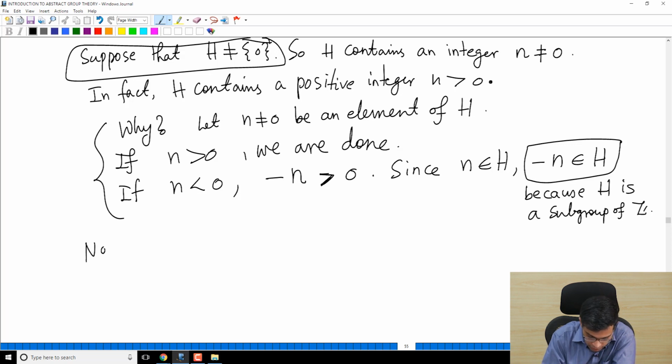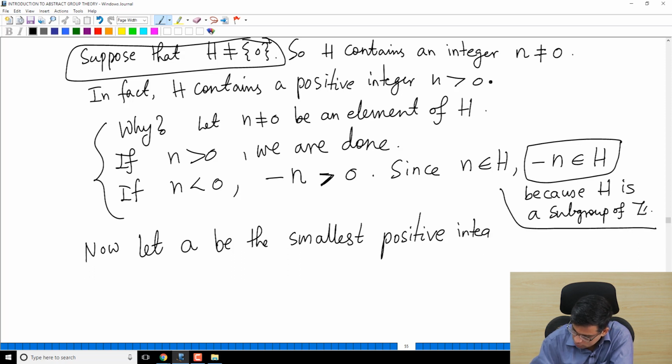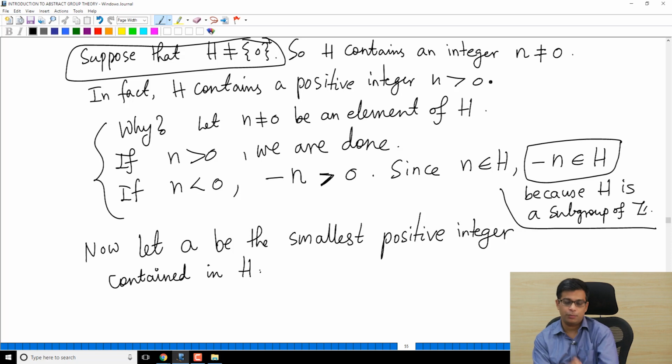Now, let a be the smallest positive integer in H. This is a very important argument, you should pay close attention to this. This comes up a lot in algebra.